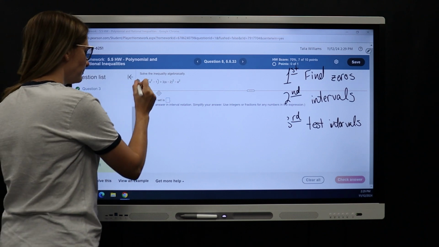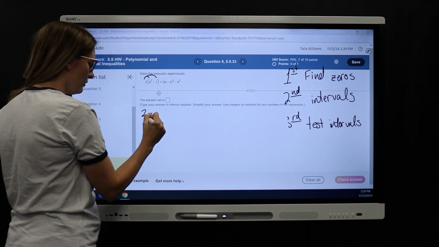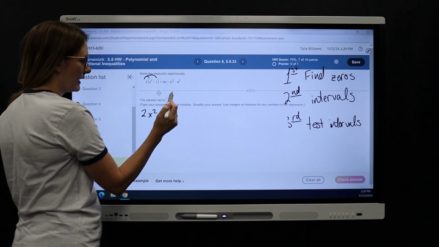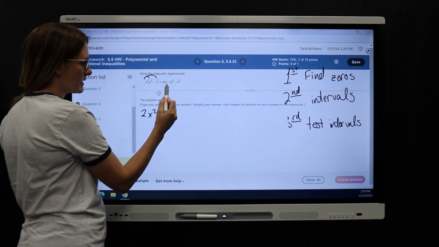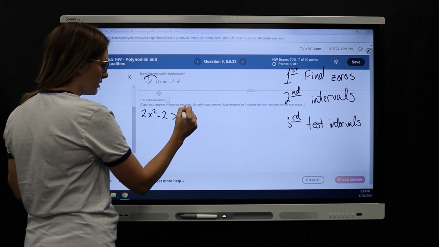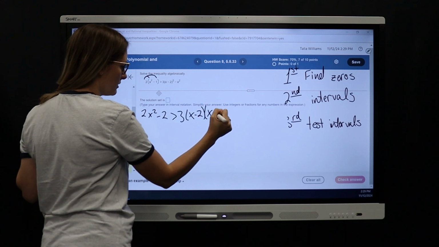Okay. I'm going to distribute the 2 on this side first. So I'm going to have 2x squared subtract 2 is greater than, I can't distribute this 3 first because this is all squared right here. So this x minus 2 squared means that there's 2 of these.